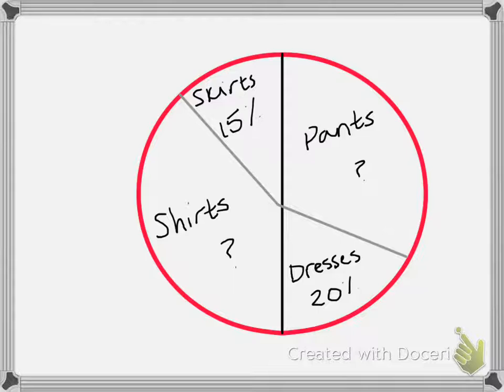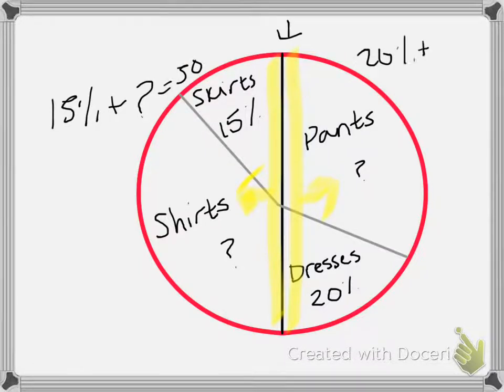What's my strategy? Well, you'll notice that this black line here represents half of my pie. So I know that everything on this side is equal to 50%, and everything on this side is equal to 50%, which means that 15% plus whatever my question mark is has to equal 50, and 20% plus my question mark over here has to equal 50.